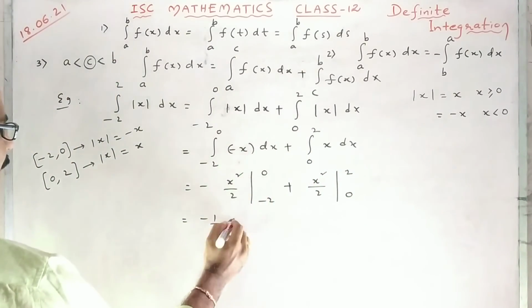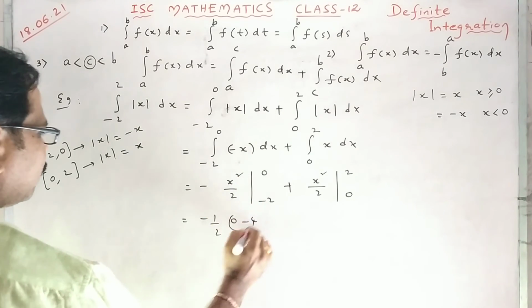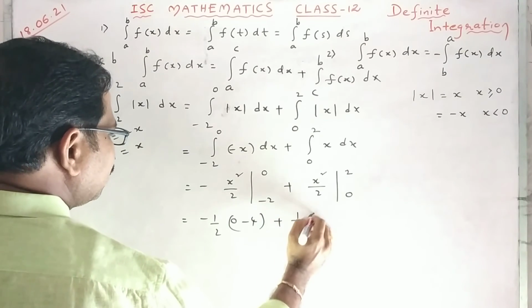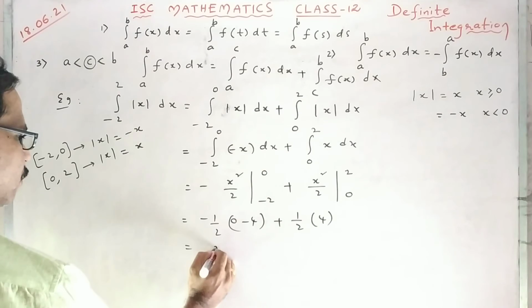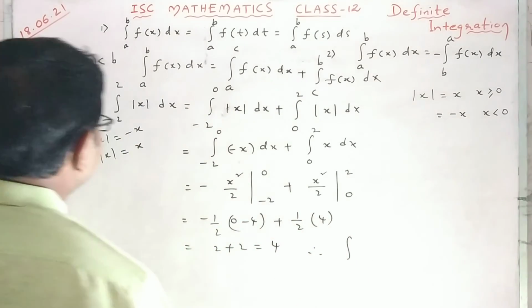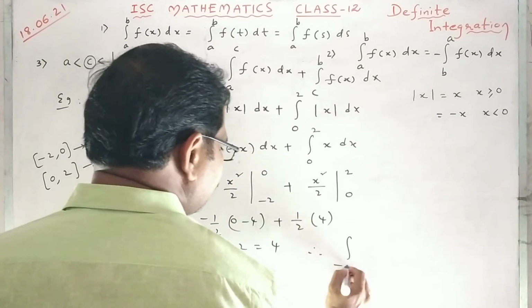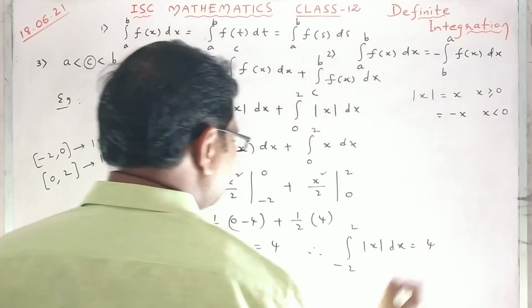Here upper limit is 0 minus lower limit minus 2 whole square, that is 4, plus 1 by 2 times 4. Here minus into minus is plus, 2 2s are 4. So the answer is 4. Therefore integral minus 2 to 2 mod x dx equals 4.